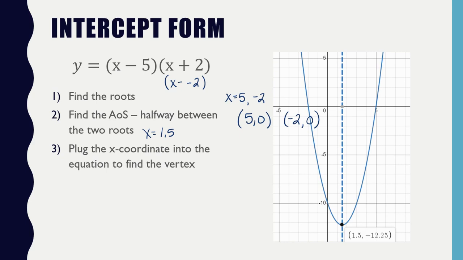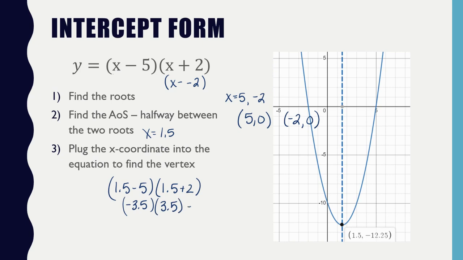And then to find this negative 12.25 of the vertex, you simply take the x coordinate, the 1.5, and you plug it back in. So you'd say 1.5 minus 5 times 1.5 plus 2. Here you get negative 3.5, and here you get positive 3.5.